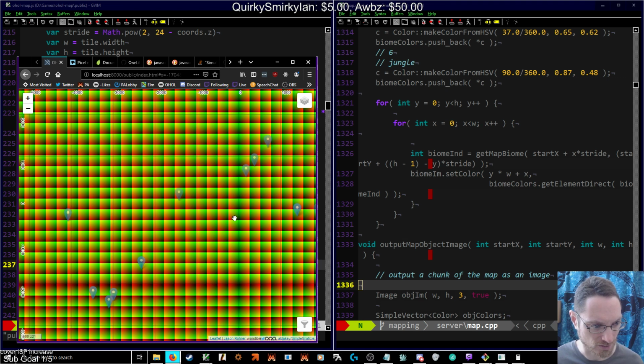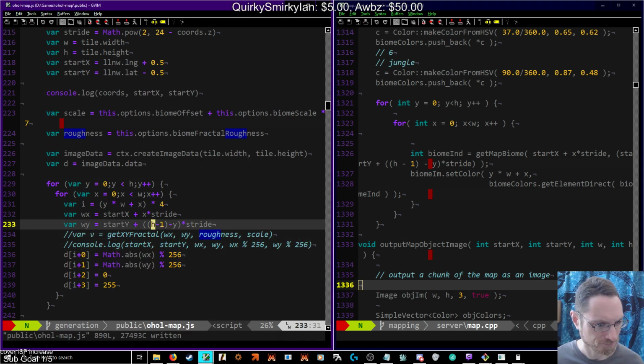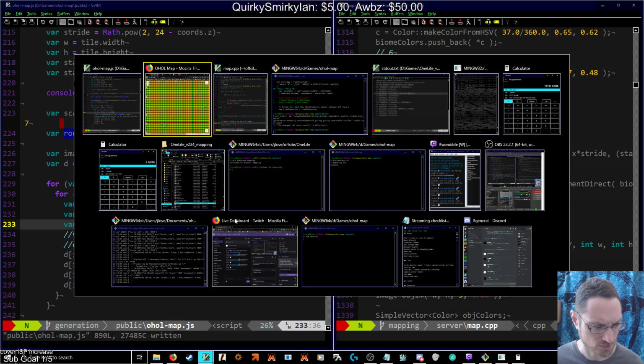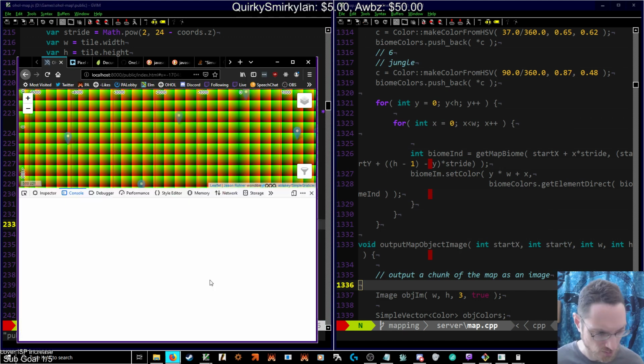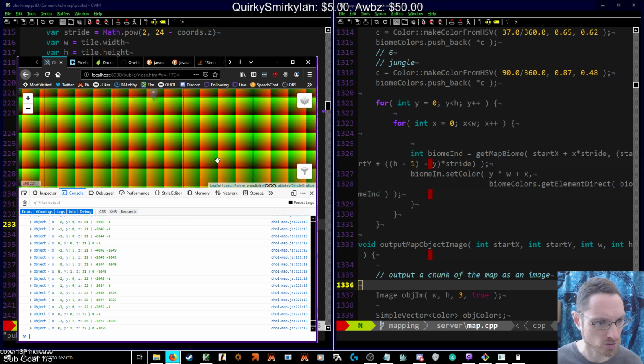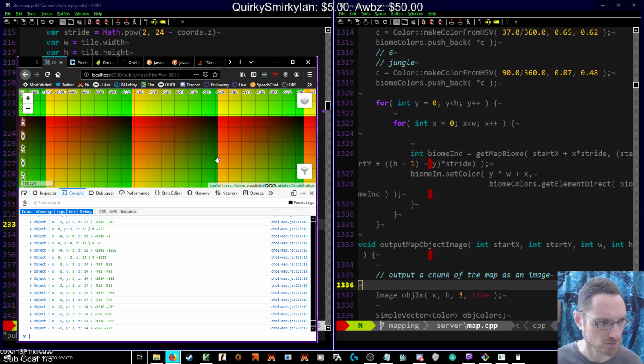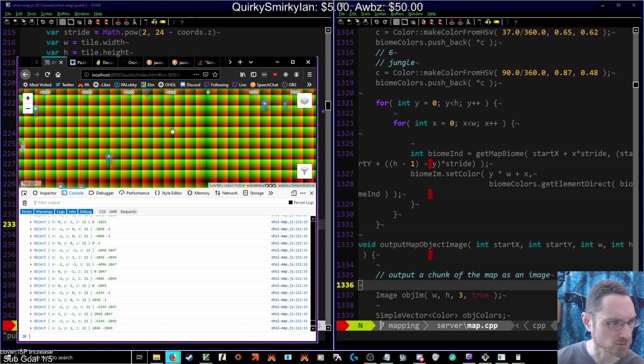It's hard to see with the tiling. Okay. This is world X, world Y. And we are at zoom 21, 23, 24. Well, we're 0, 0.